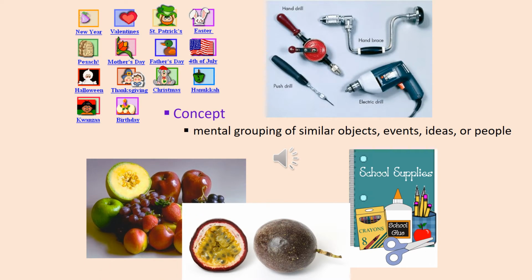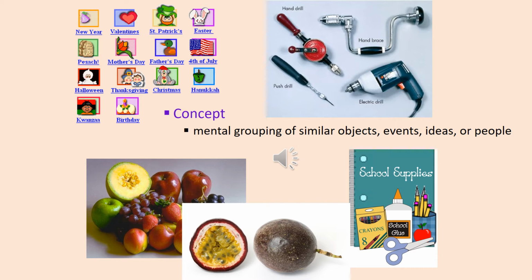This next term, concept, we have seen before in a previous chapter. It was called a schema in the chapter on developmental psychology. Both refer to a category or folder that we group similar information into.